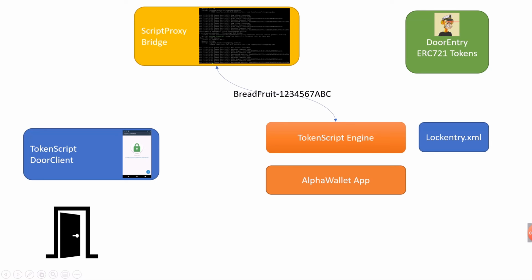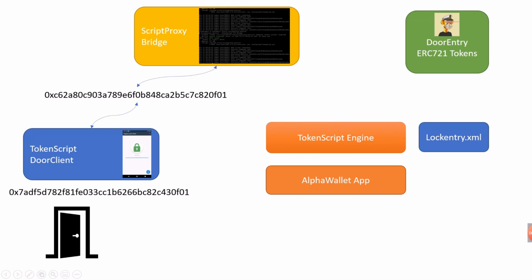So what happens now? The user, through the AlphaWallet app, signs this challenge and then transmits the signature back to the TokenScript bridge. So now the TokenScript bridge is aware of this signature and also the target that we're speaking to. So it then forwards the signature to the door client via this mapping, and then the door client will recover the AlphaWallet address, knowing the challenge and being given the signature.